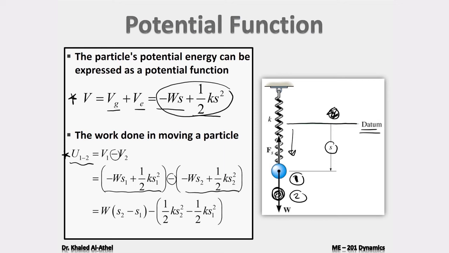Take the W's together and the springs together, you end up with W(s2 minus s1) minus half Ks2 square plus half Ks1 square. And this is the expression, if you go back to principle of work and energy, this is exactly the expression we used for work. This is just to relate the two together. You do not need this in solving problems. I'm just showing you that the potential energy of the spring and the weight ends up giving you the same expression as the work done.